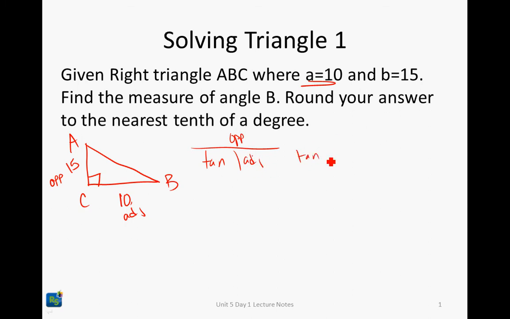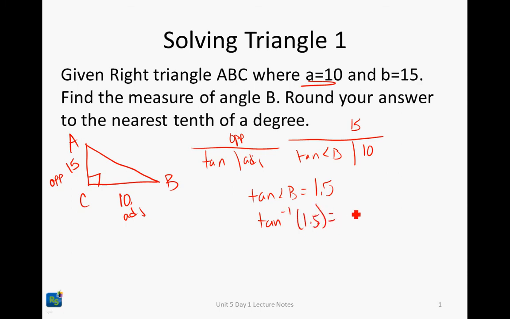So the tangent of angle B will be my opposite side of 15 divided by adjacent side of 10. So the tangent of angle B is equal to 15 divided by 10, or 1.5. So the inverse tangent of 1.5 will give me the degrees, and that would be 56.3 degrees.